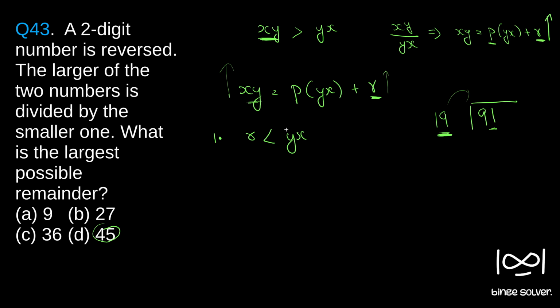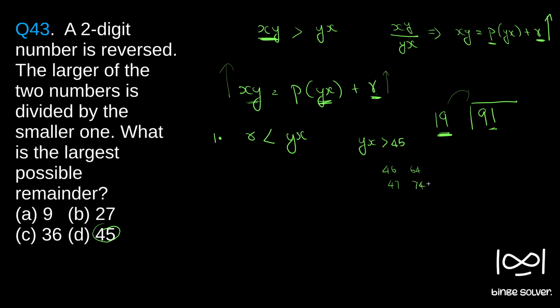If 45 is the remainder, yx has to be greater than 45. So what are the numbers greater than 45? 46 is greater than 45, 47 is greater than 45, but on reversal 46 gives 64, and 47 reversal gives 74.